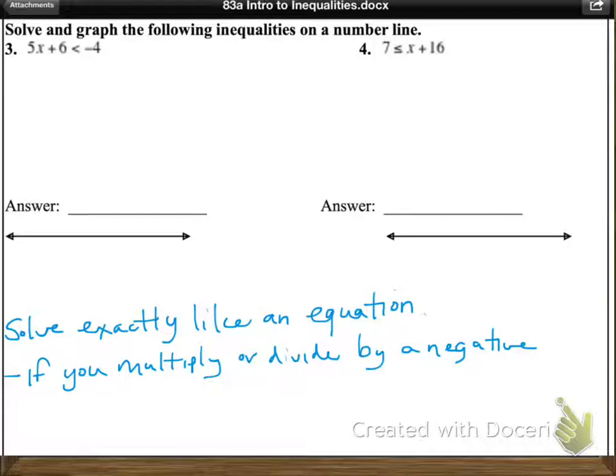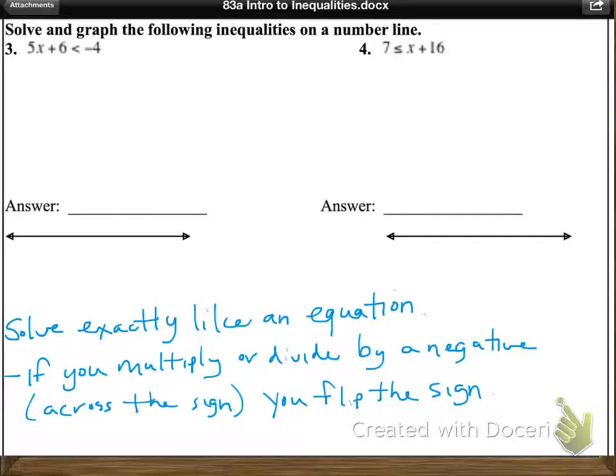If you multiply or divide by a negative, and again, across the sign, you flip the sign. Okay, that might seem complicated, but we'll go ahead and put that into action here in just a second.